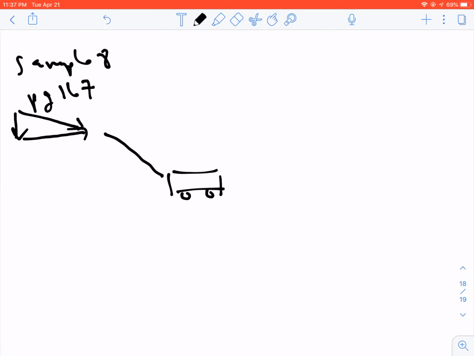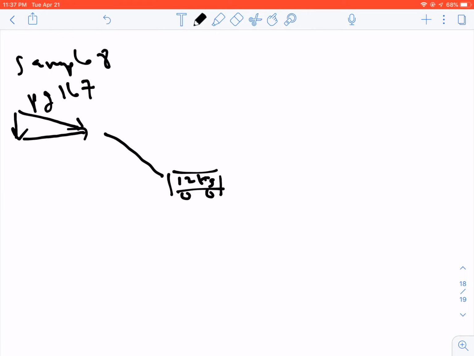We're told that it's a 12 kilogram lawnmower, and we're being told that the kinetic coefficient is 0.9, and it says find FF, find the force of friction.